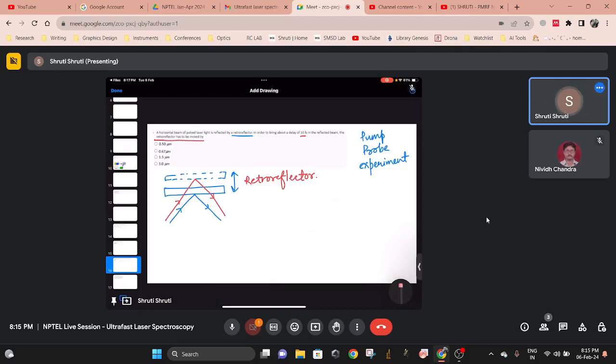As you have read in the lecture, light will travel 1 foot, which is approximately 30 centimeter, in 1 nanosecond. That is, in 10 to the power minus 9 second, it goes 30 centimeter, meaning 30 into 10 to the power minus 2 meter. So in 1 second, it will go 30 into 10 to the power minus 2 divided by 10 to the power minus 9 meter.